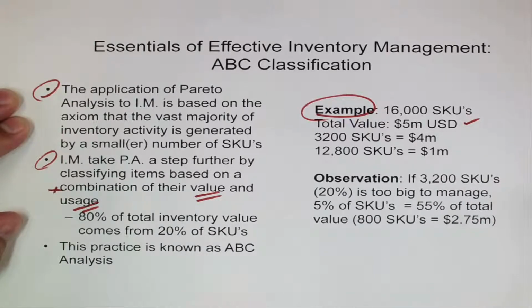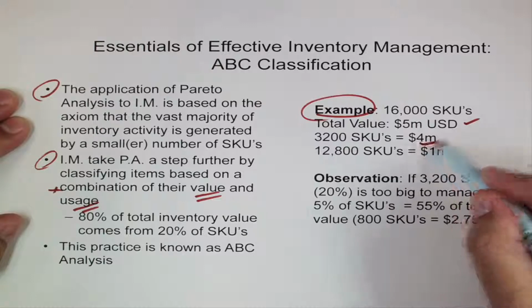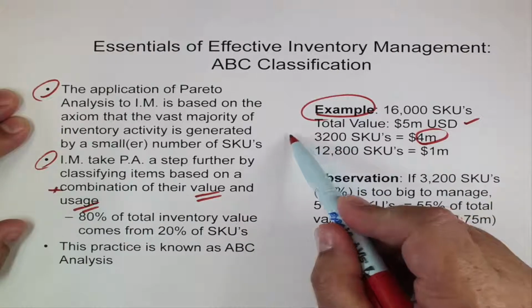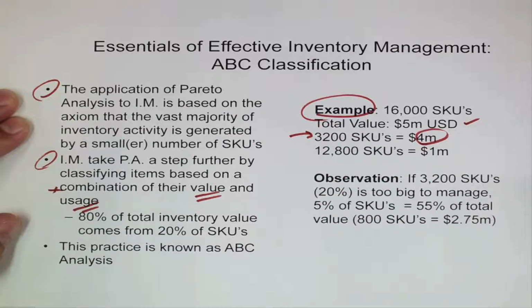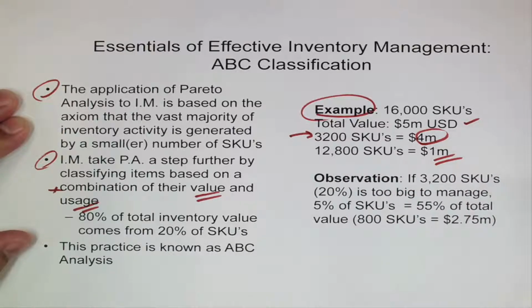So from the 80-20 perspective, from the Pareto analysis perspective, 80% of the value, the outputs, is going to come from $4 million, coming from, which is the input side of things, 3,200 SKUs. Conversely, the remaining 20% of the total value, which is $1 million, is going to come from 12,800 SKUs.